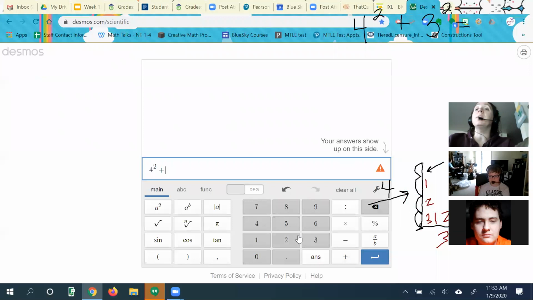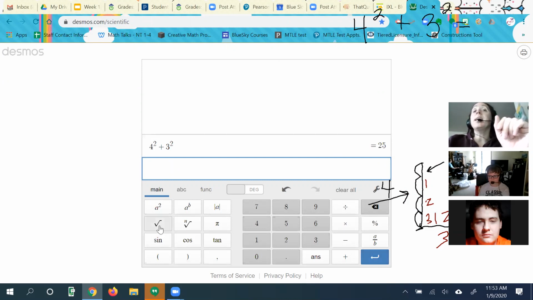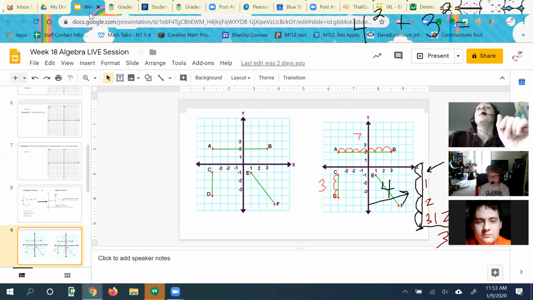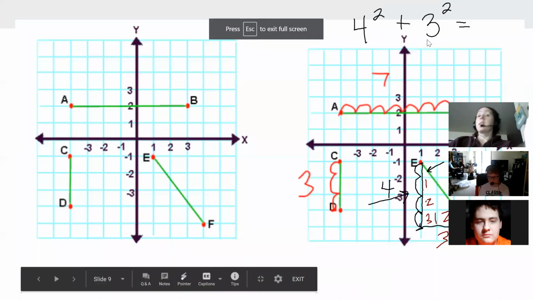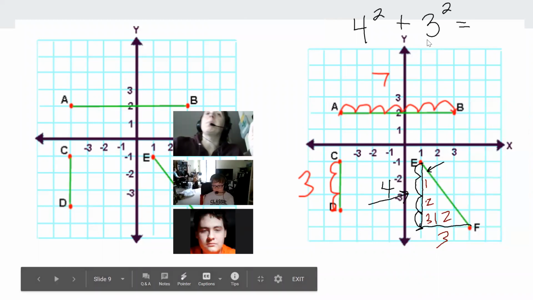Desmos is pretty cool because you can type the whole thing together and it'll tell you what it is. You get 25. And then you can take the square root of that 25 and you get 5. So we find out that the length of that segment EF would be 5.